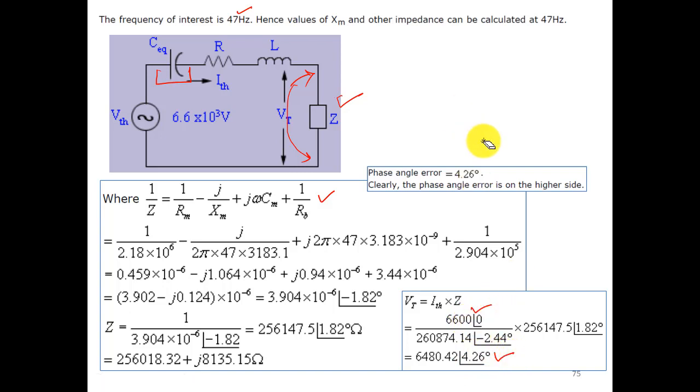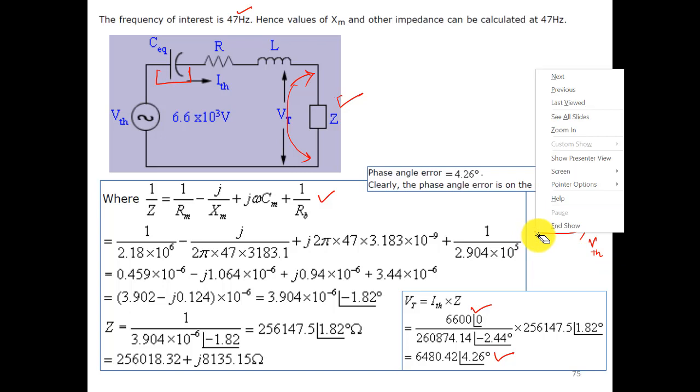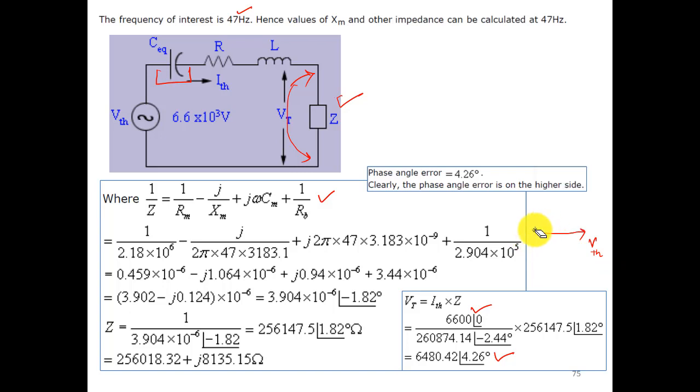That means the angle between, if we plot VTH and VT here, VT is making an angle of 4.26 degrees.